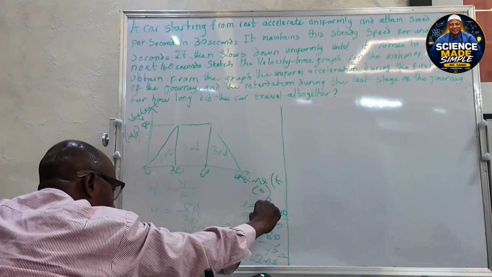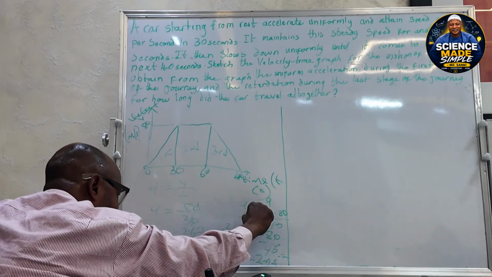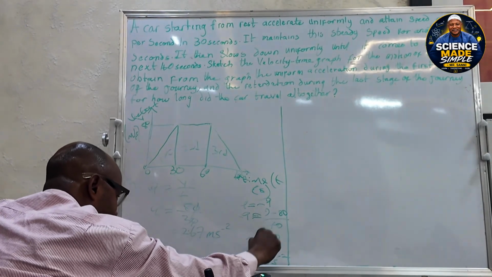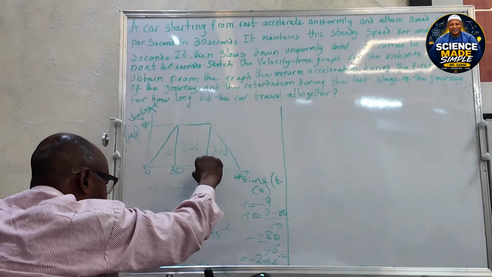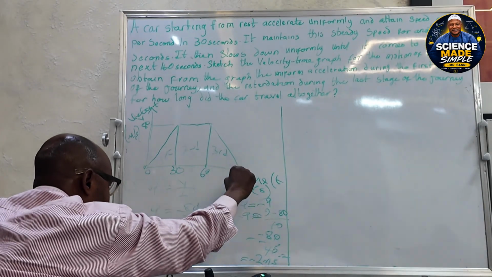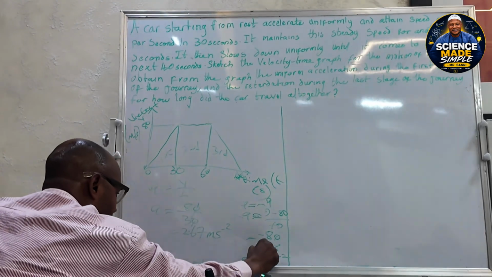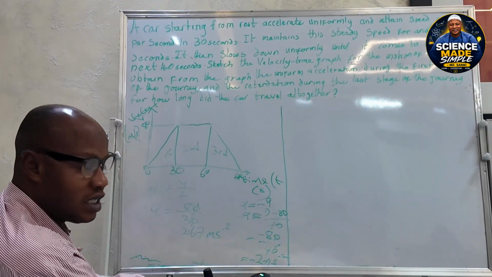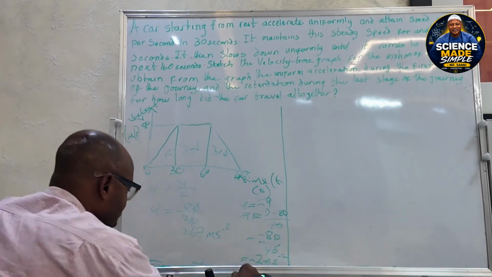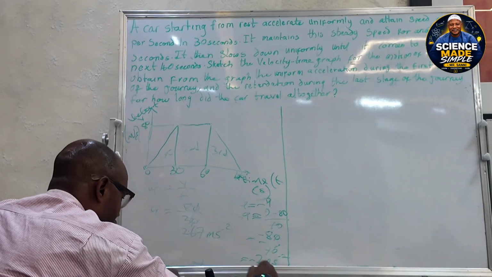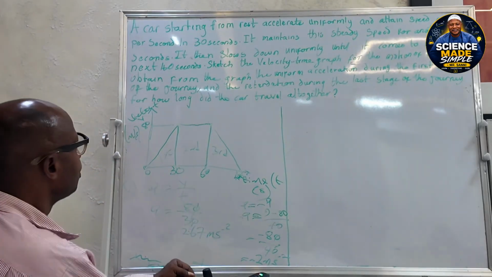So final 0 minus initial 80 will give us minus 80. The time taken from here to here is 40, since 100 minus 60 is 40. That is the time for the final stage of the journey. So if you divide minus 80 by 40, you get minus 2 meters per second squared.